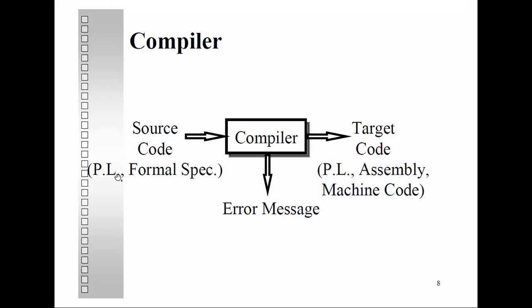In a programming language or formal specification, the input is known as the source program, or source code. The target code is the output, shown as assembly machine code. Assembly machine code means microprocessor codes, like add a comma b, subtract a comma b, immediate address mode.